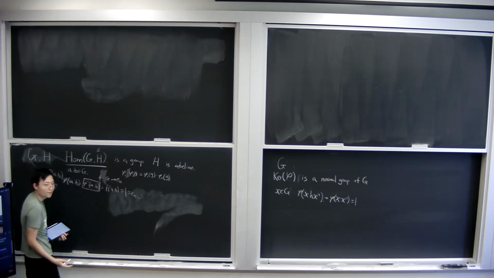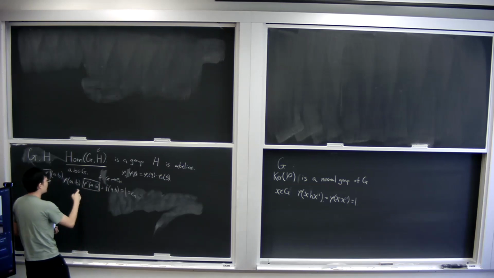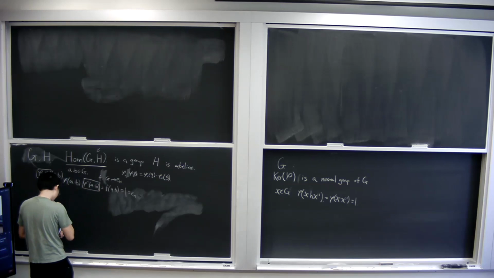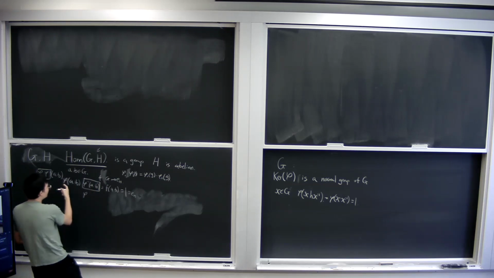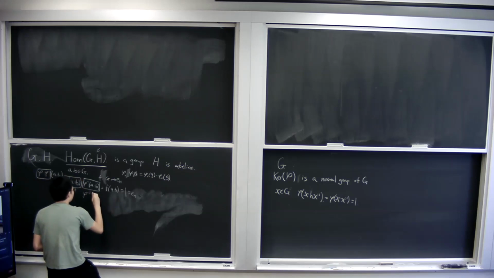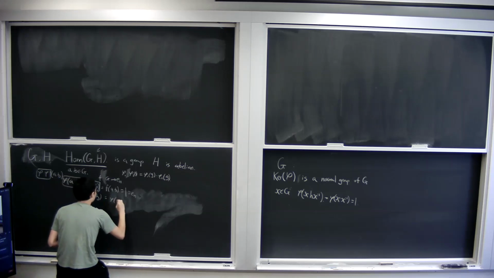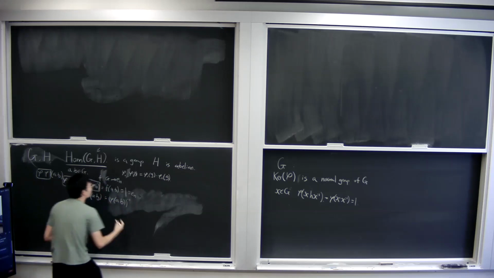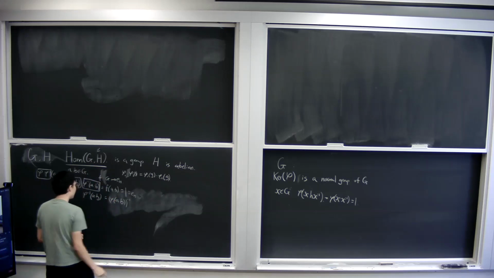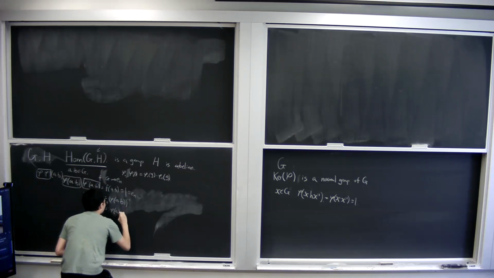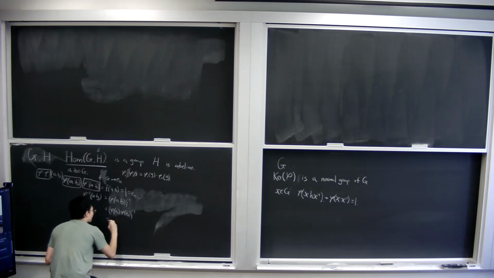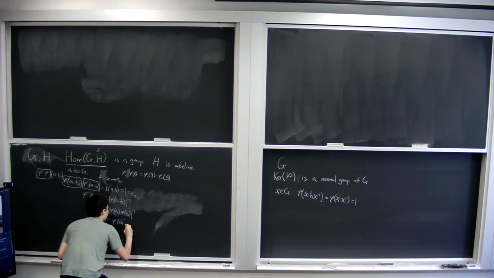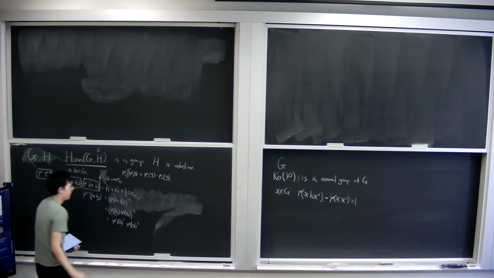Here, if we multiply the inverse of these elements on both sides, we obtain this element's inverse in H. And the inverse of this element, by looking at this, we know it has to be equal to this.